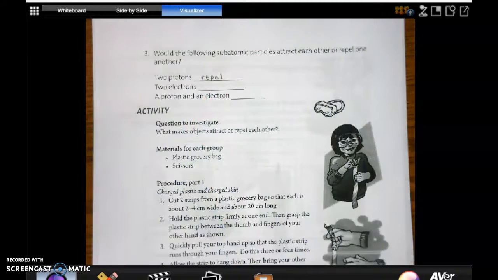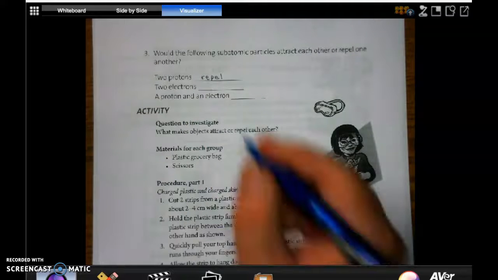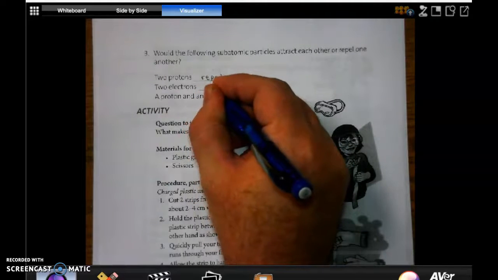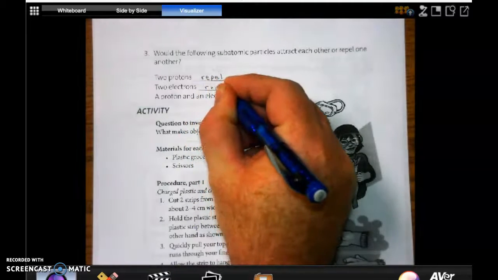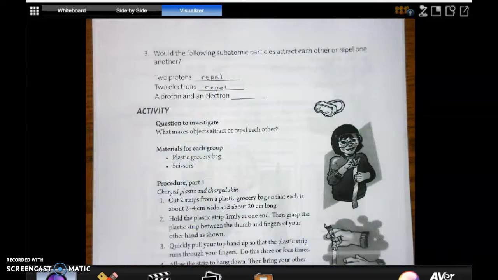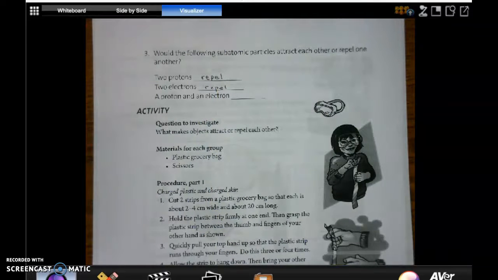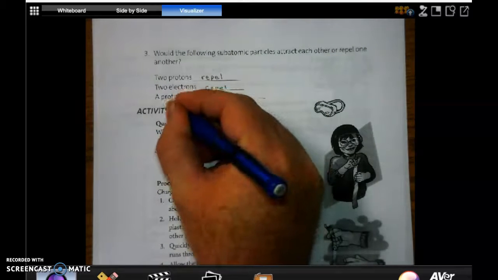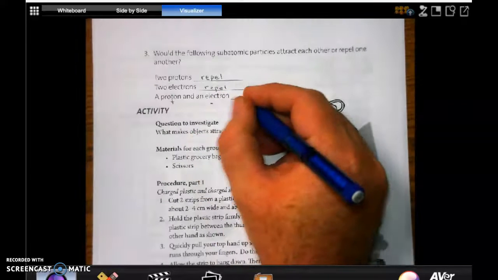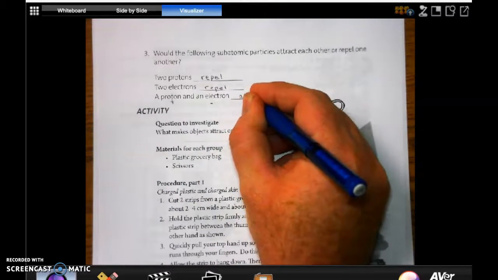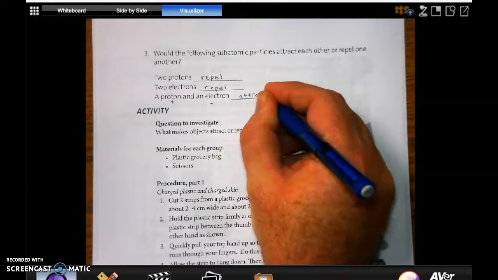Two electrons both have a negative charge. Again, like charges repel. And then finally, a proton and an electron. Proton is positive, electron is negative. Unlike charges attract. Opposites attract.